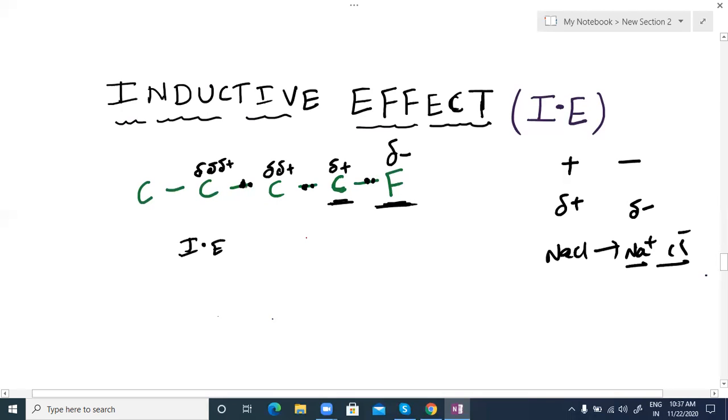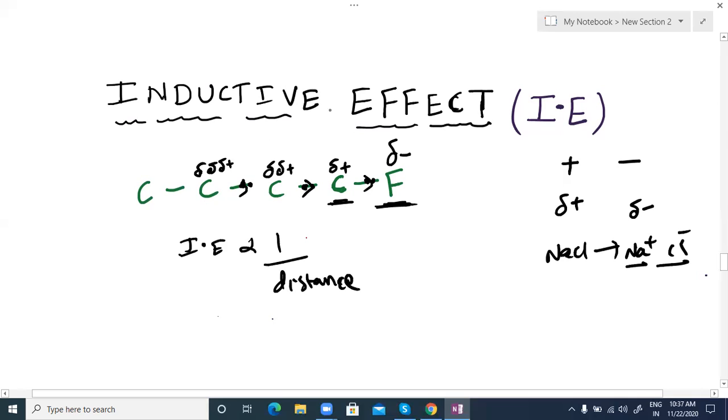All the electrons move towards the more electronegative atom. I hope you understood. This whole phenomenon we call the inductive effect. When distance increases, from first carbon to second carbon to third carbon, the inductive effect decreases; it is inversely proportional to distance.